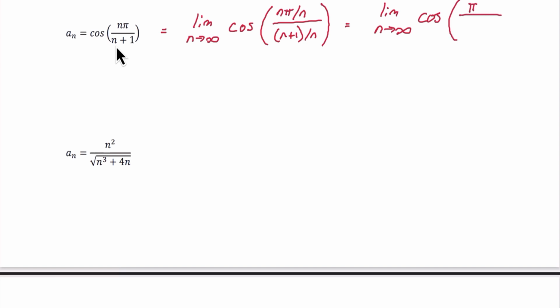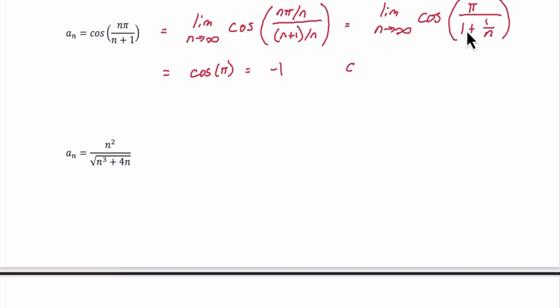In the denominator, we get 1 plus 1 over n. Here, we have n getting really big, so this fraction goes away to 0. So we have pi divided by 1, which is the cosine of pi, which is -1.